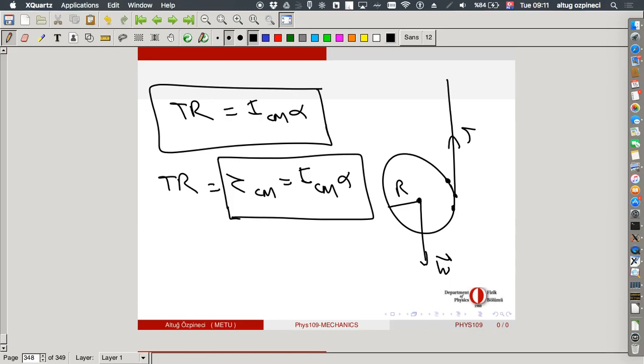So this point probably also has some acceleration towards the left. But when you reach this point, that point has zero velocity, zero acceleration.